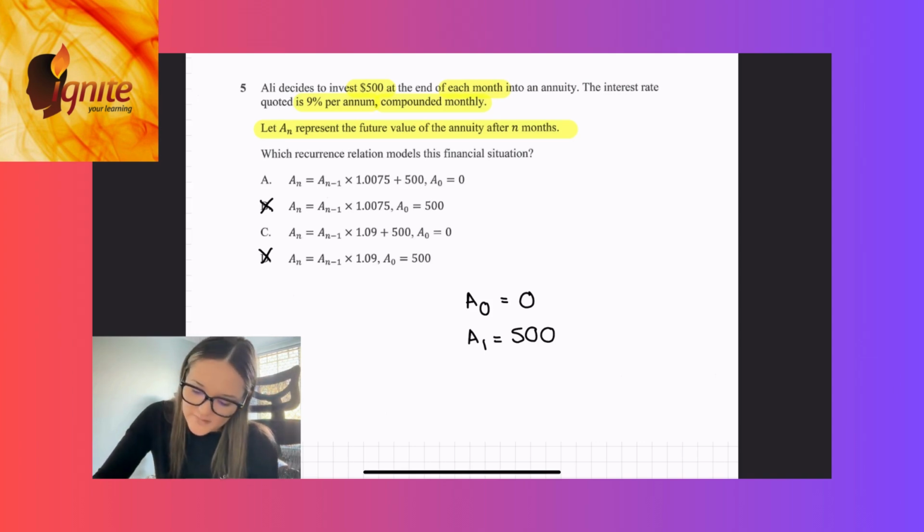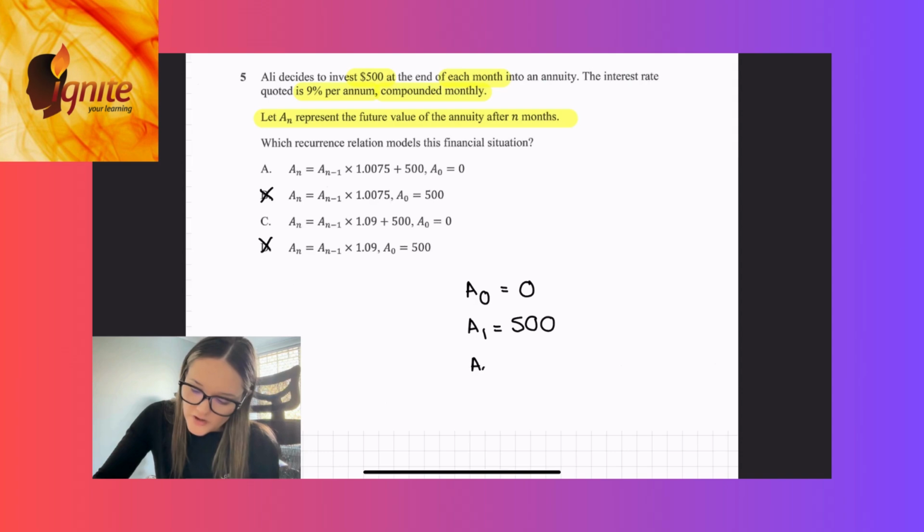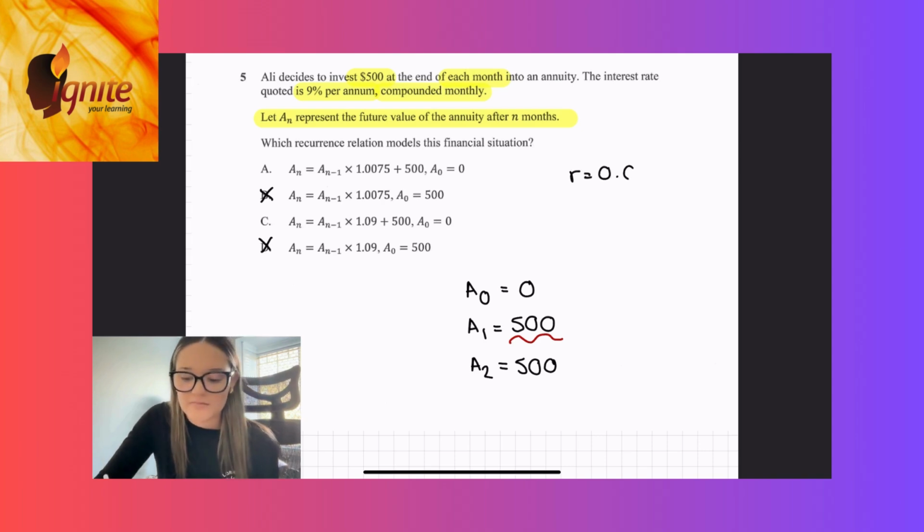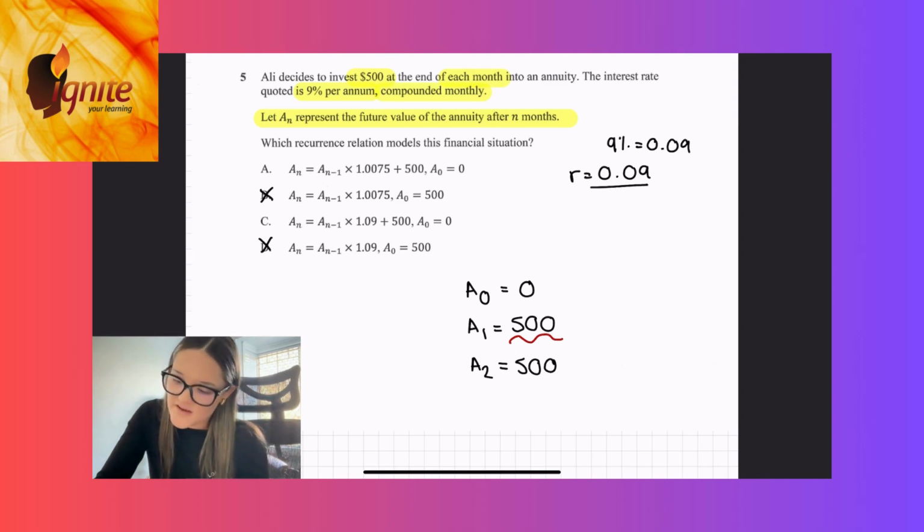At the end of the second month, so A_2, we know that the money sitting in the account from A_1, so this $500 here, is going to be times by my interest rate. So my interest rate is going to be 0.09 per annum, but because we're working in months and because this says that it's compounding monthly, we then want to divide it by 12. So 0.09 divided by 12 gives us 0.0075.